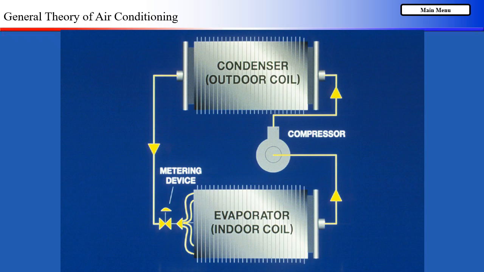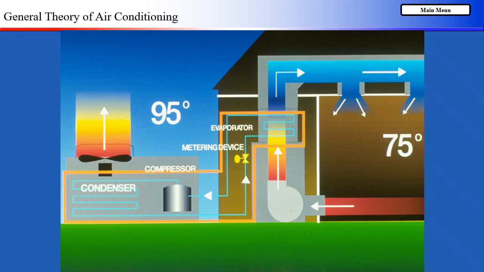It flows between components through refrigerant piping in the direction indicated by the arrows. The order in which it flows through the four components is always the same for cooling applications. This diagram gives an idea of how a system might look in a real installation.